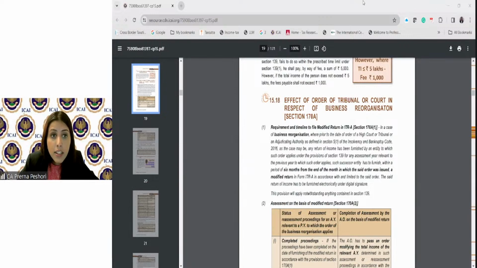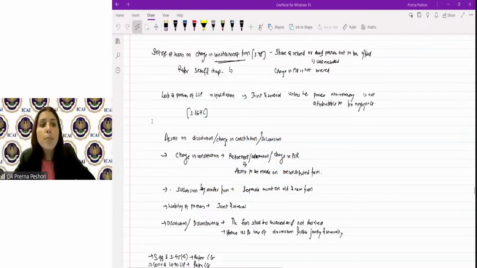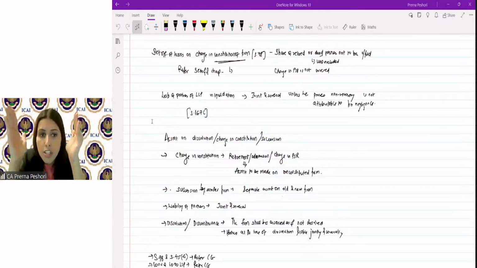I had discussed that. If there is change in the constitution of the firm, if there is a succession of the business, yes, I'll show you. First of all, we'll look at that. So if you remember, I had discussed this particular topic, assessment on dissolution, change in constitution or succession of business.